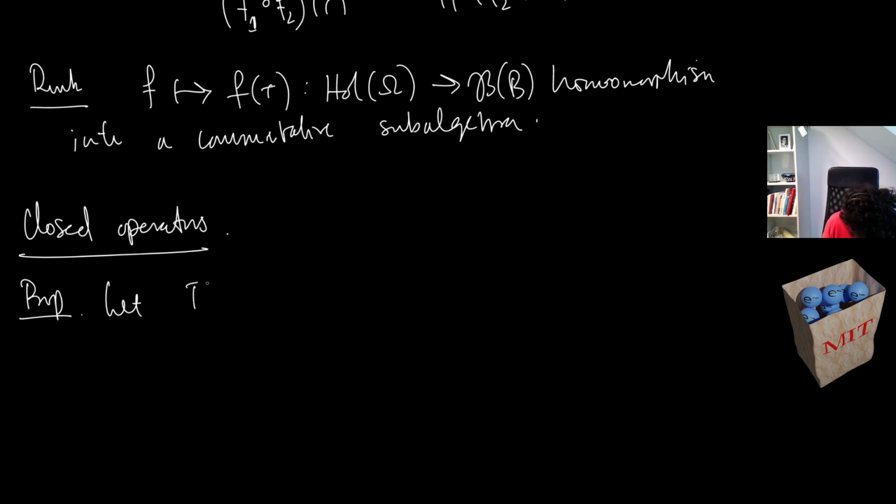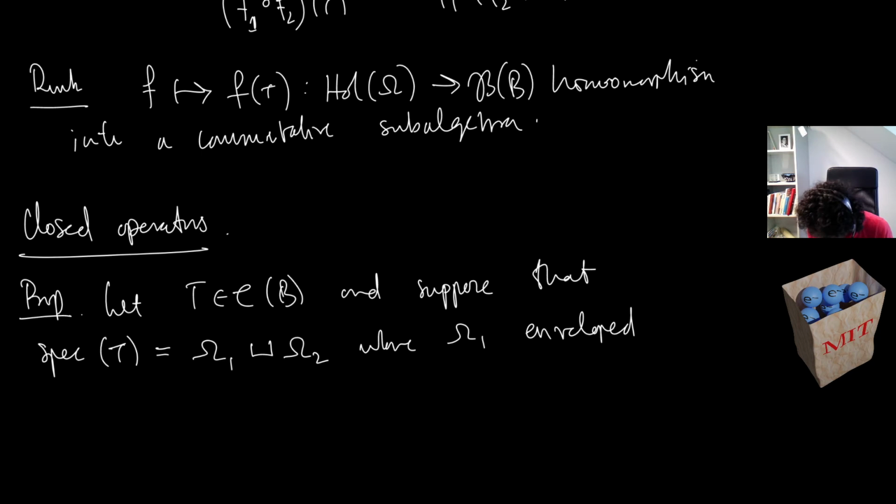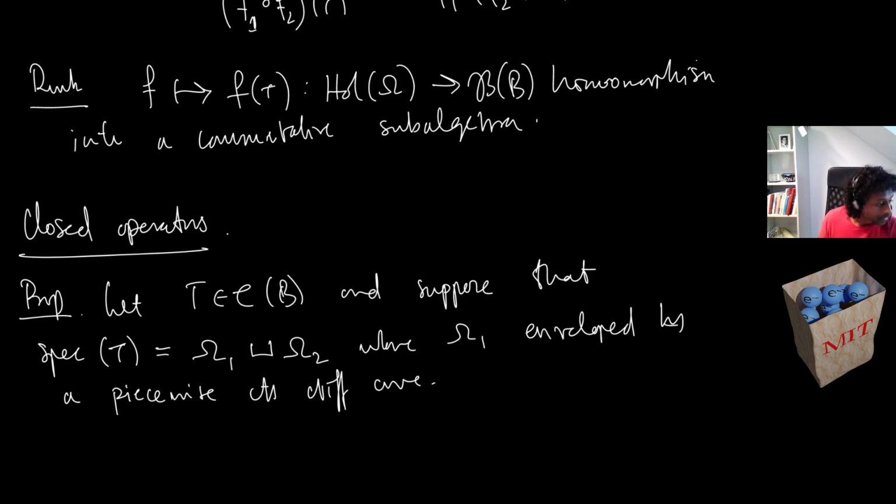Let T be a closed operator, and suppose that the spectrum of T is a disjoint union, where omega 1 is enveloped by a rectifiable curve, or, well, maybe I'll just say a piecewise continuously differentiable curve.